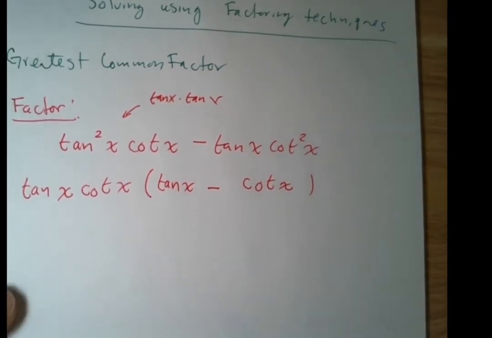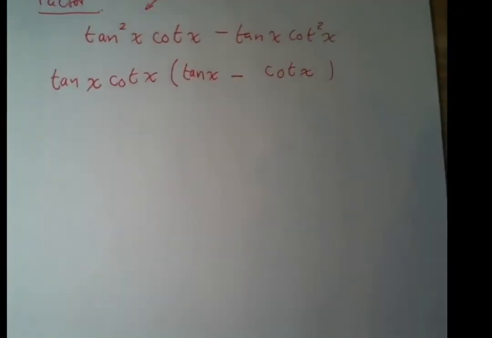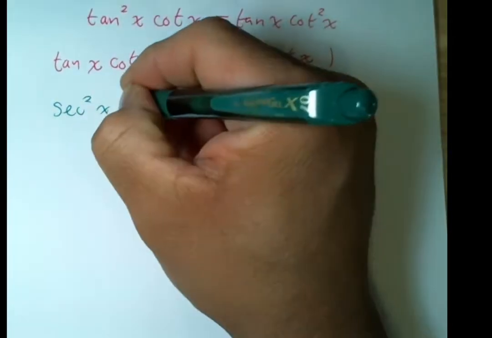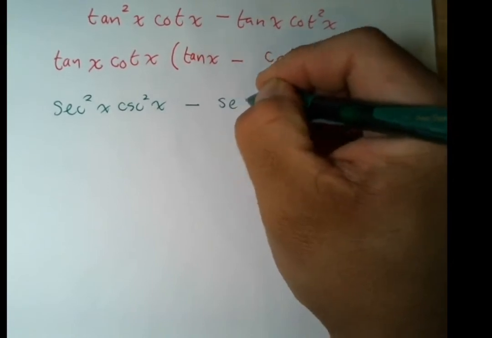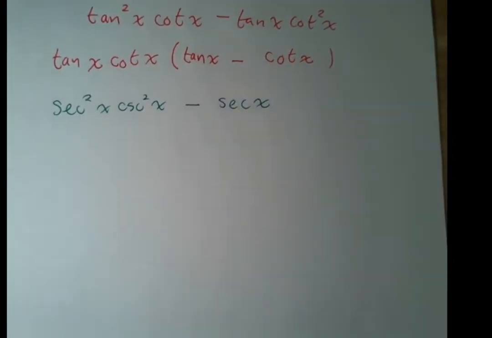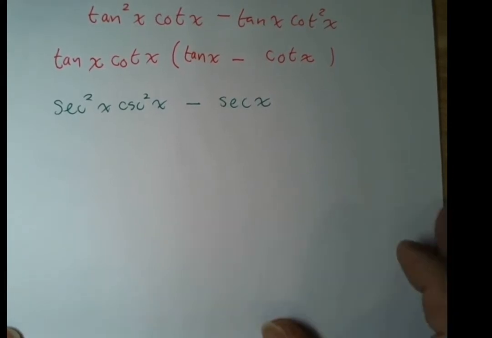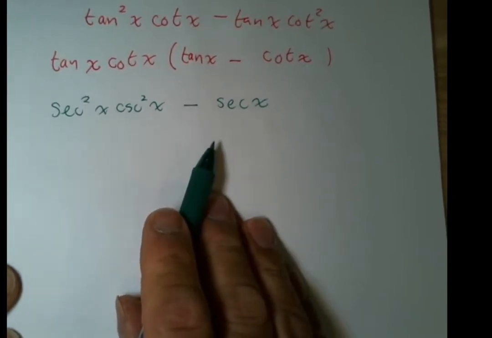Let's do one other example looking at the greatest common factor. Here we have secant squared x cosecant squared x minus secant of x. Looking at this, what do they have in common?